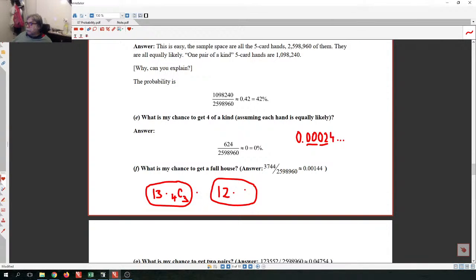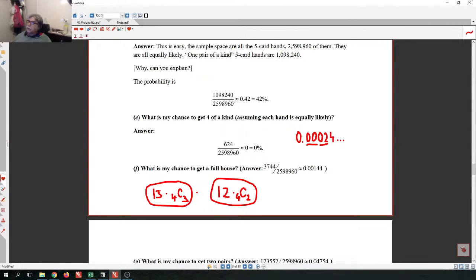And then once you select the denomination, it might be jacks, you need 2 jacks out of a set of 4. And that would be 4 choose 2 combinations. Okay? So this is the number of ways to get 2 of a kind.